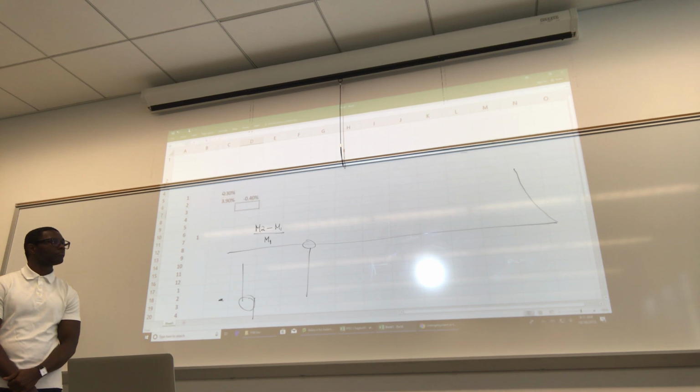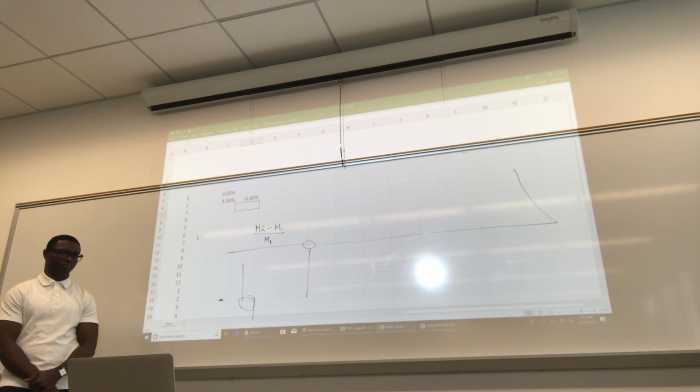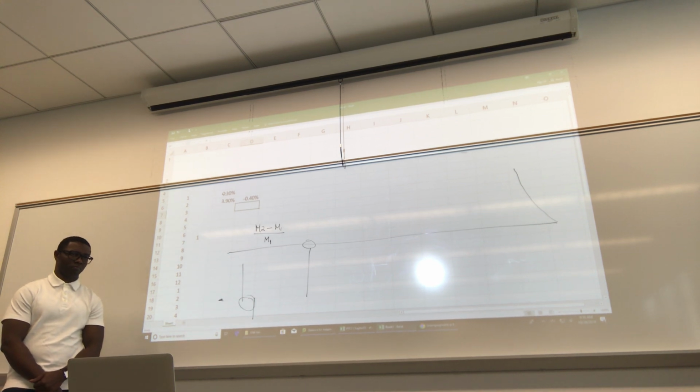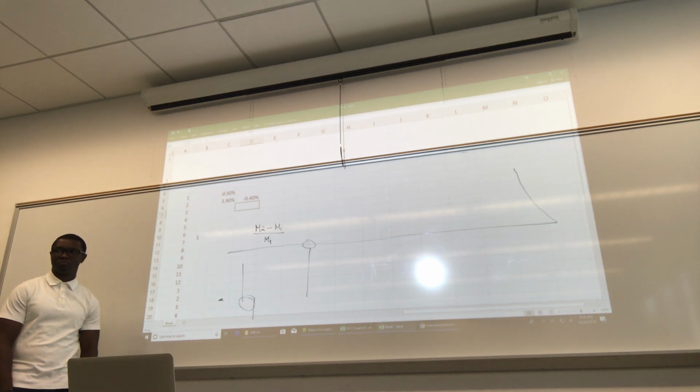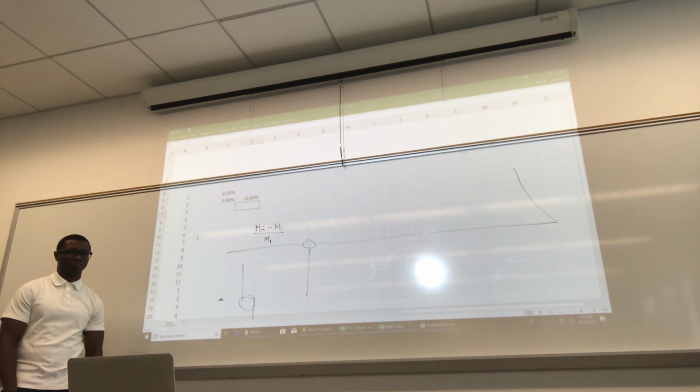What do I have? I have 0.4 of a percentage point going down. I know how much it goes down. That is the absolute change from what I have today to what I had before.